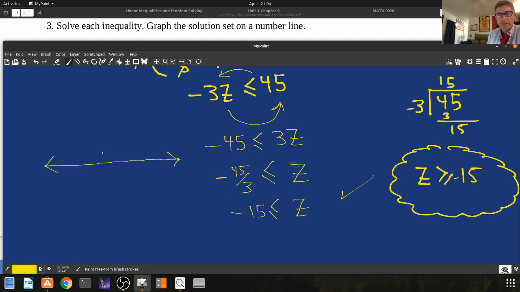So I need to just put down a 0. And somewhere minus 15, and I want to indicate that z is greater than or equal to minus 15. So I'm going to indicate that by filling in the circle, and then I'm just too lazy to grab another color.